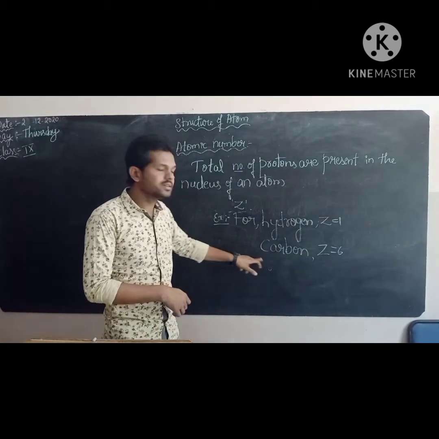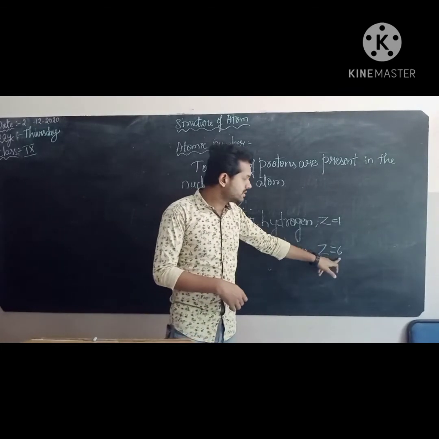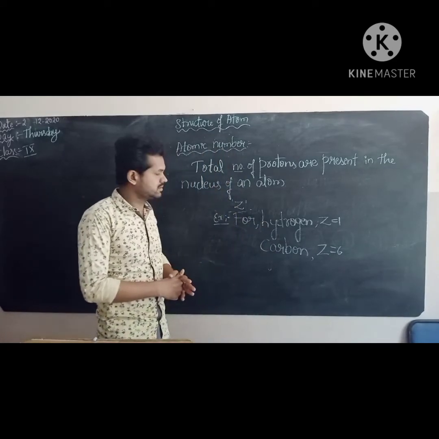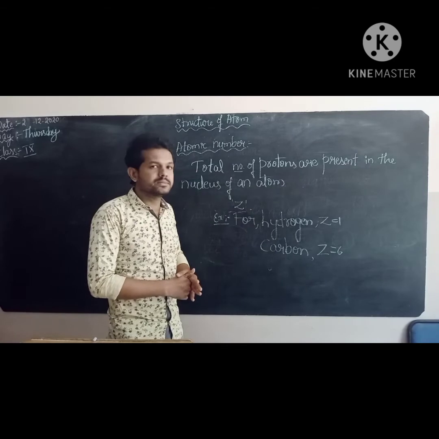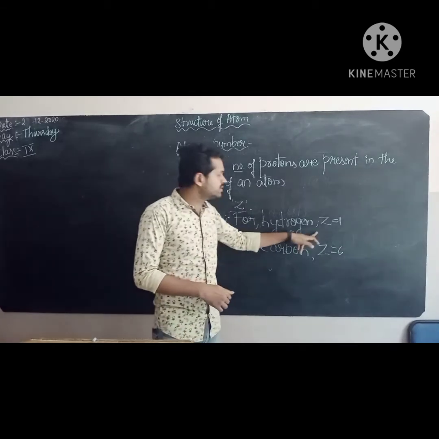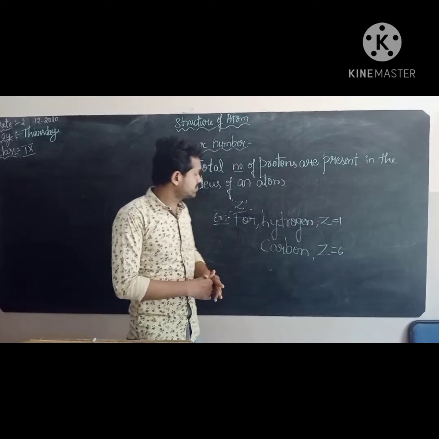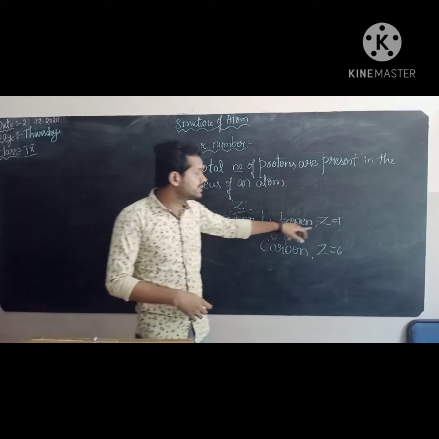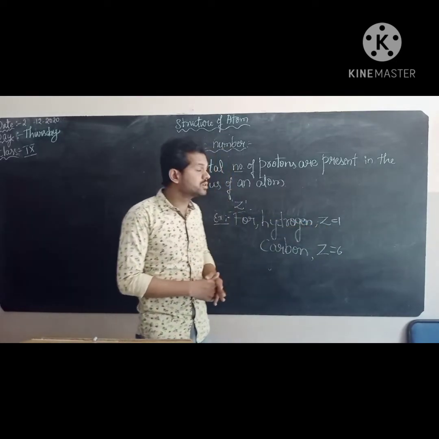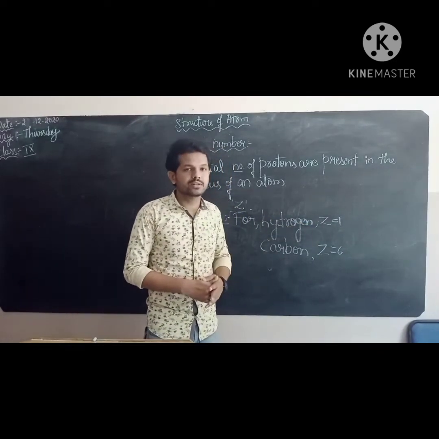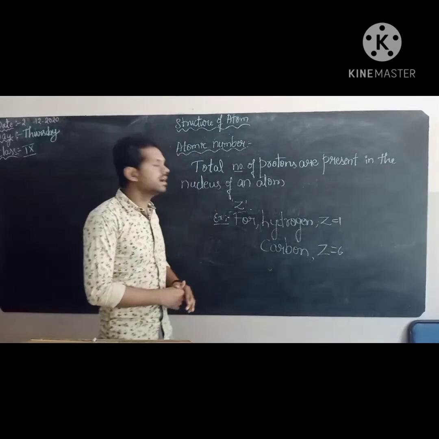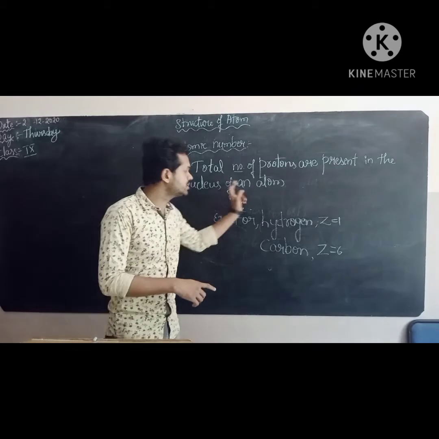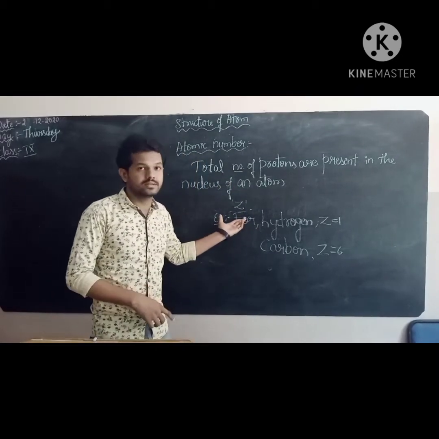It means carbon has 6 protons in the nucleus of an atom. Hydrogen, Z equals 1, means hydrogen has 1 proton in the nucleus of an atom. So this is about the atomic number, and just remember one thing, it is denoted by the symbol Z.